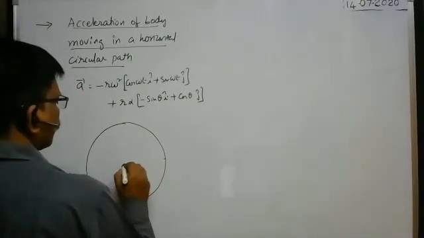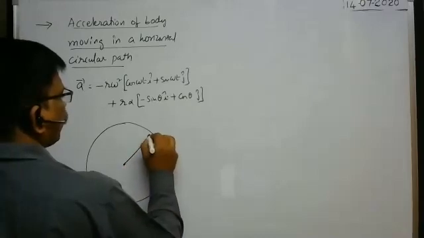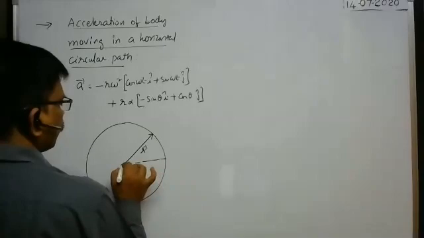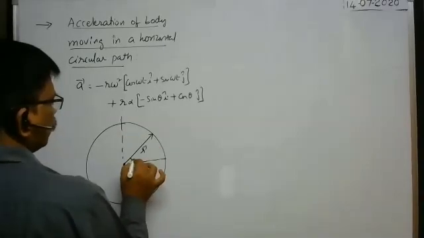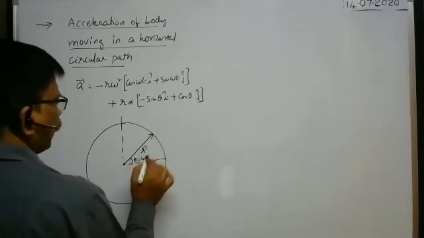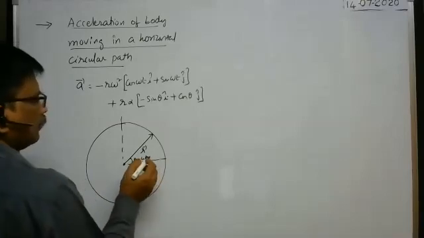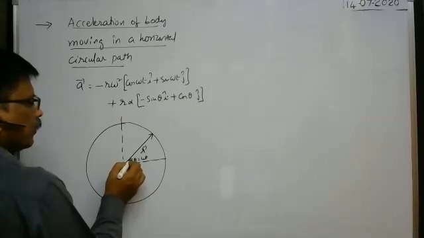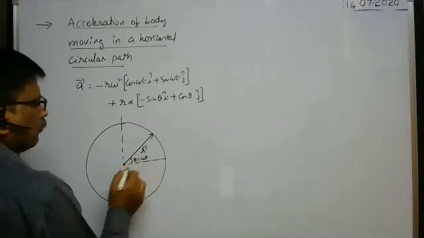This is the center of the circular path, and whenever the body is here, the radius vector makes an angle theta with the horizontal. Theta is equal to omega t, because when the body travels for t seconds with angular velocity omega, the angular displacement theta is equal to omega t, no?